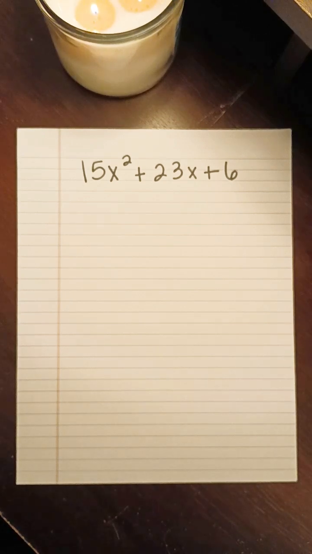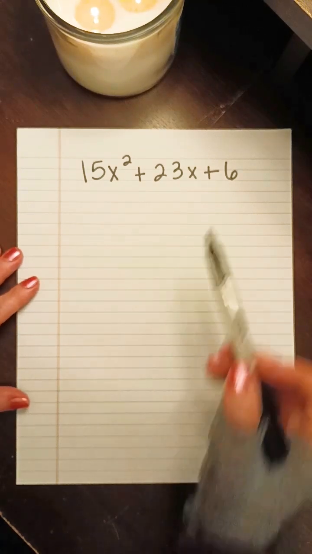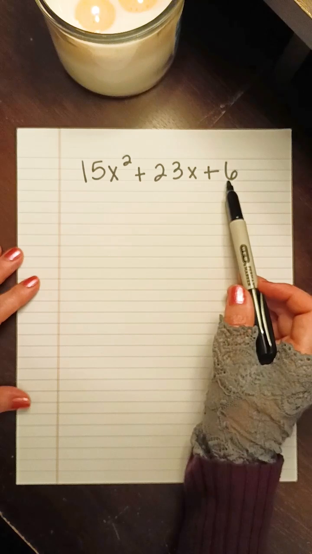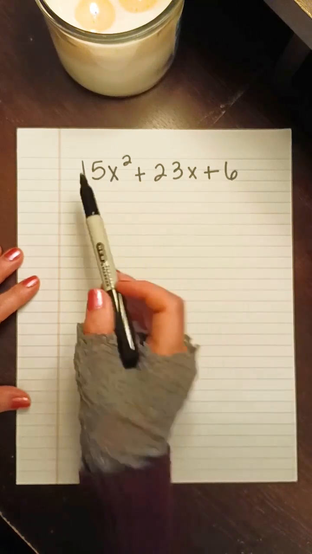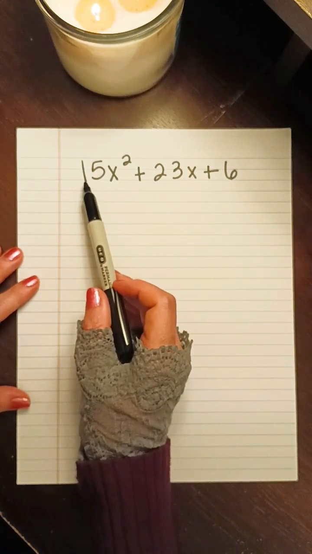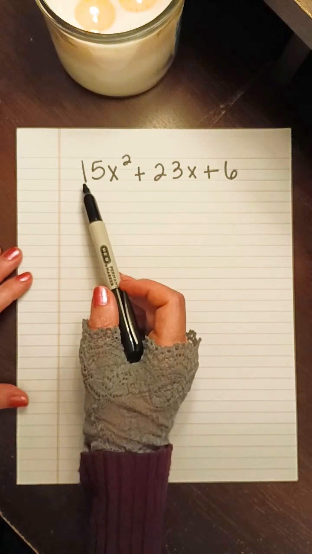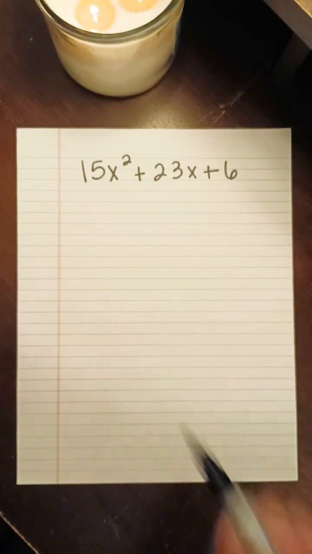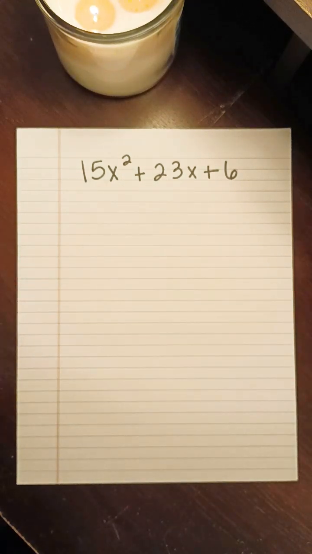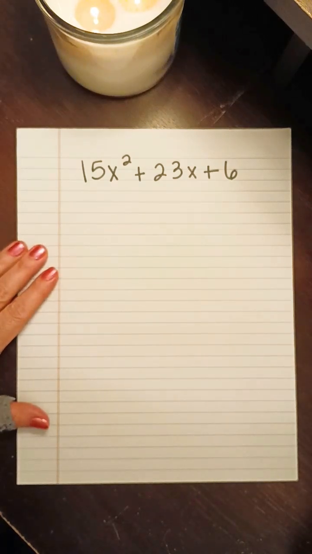Where a is not equal to 1, it becomes a little trickier. There's a little bit more messing around with the numbers that you need to do, because you are not only worried about getting 6, but you also have to come up with factors of the a term to get that middle number.